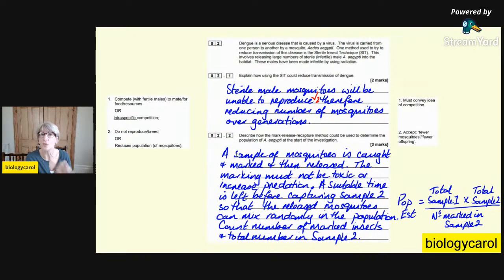They want to know how you're going to get the number. Hence, this bit at the end, the calculation, okay? So, sample of mosquitoes caught, marked, and released. Here's what's on the mark scheme for this. The marking must not be toxic or increase predation. Yeah, it can't cause them to die.